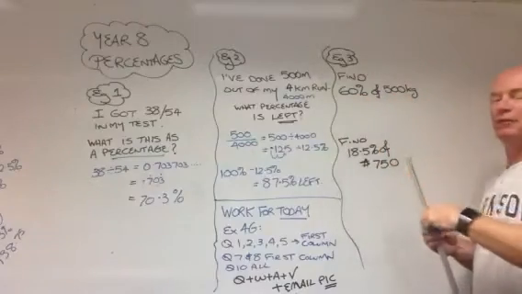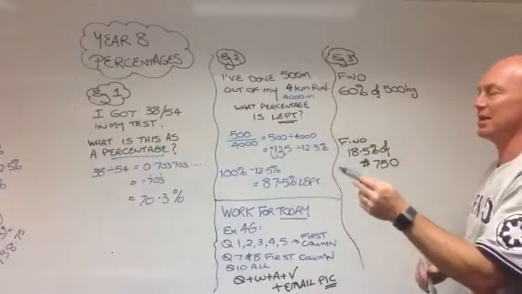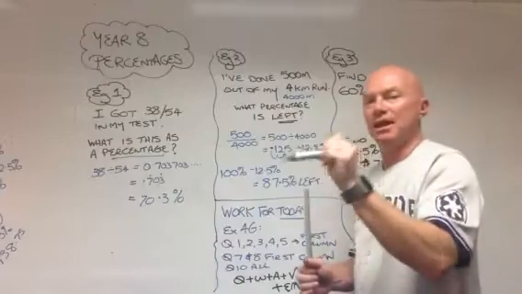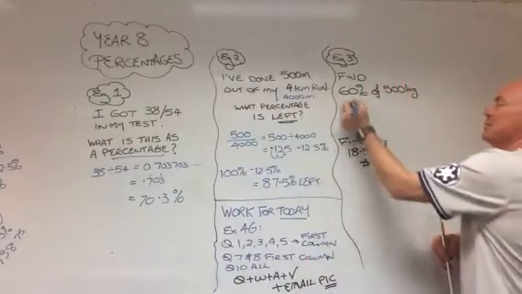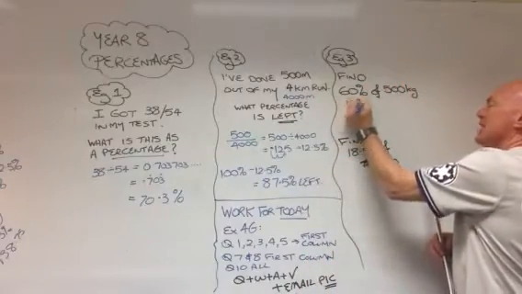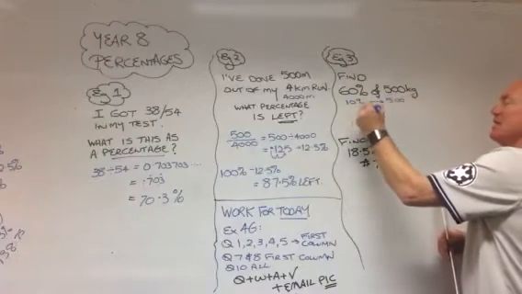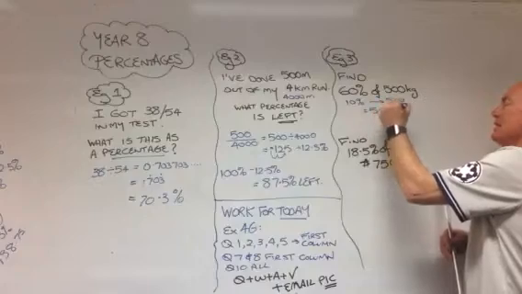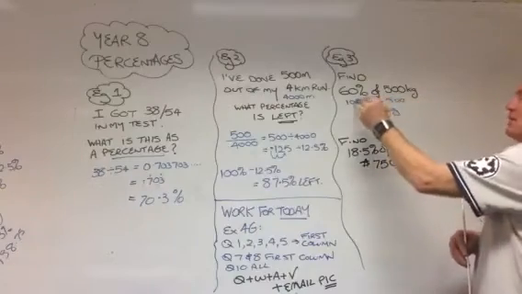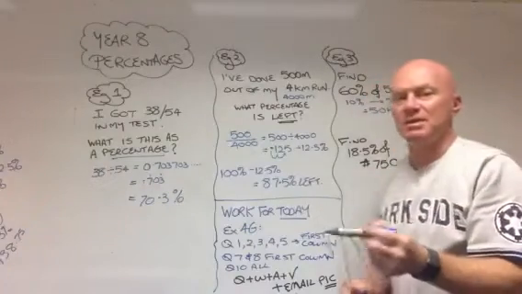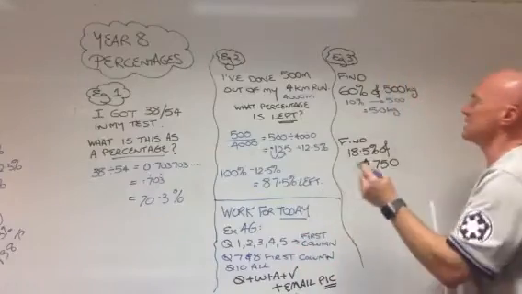Find 60% of 500. Well, you could use your calculator, and I'll do that in 10 seconds, but let's just have a go without the calculator. So to find 10% of 500, that's pretty easy. That's just 1/10. So 10% is 50 kilograms. So if I've got 10% and I want 60%, just multiply by 6.